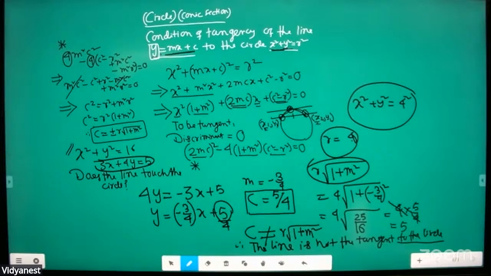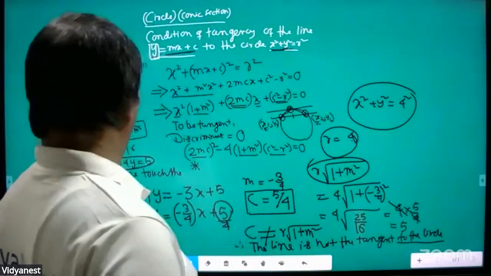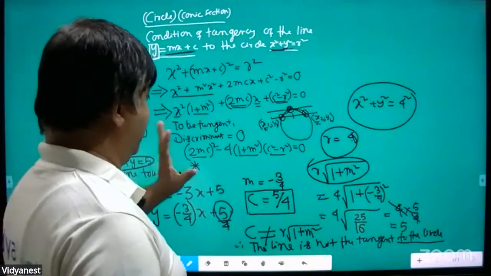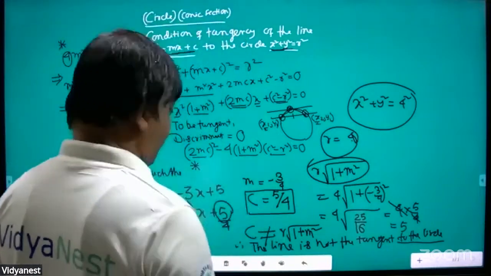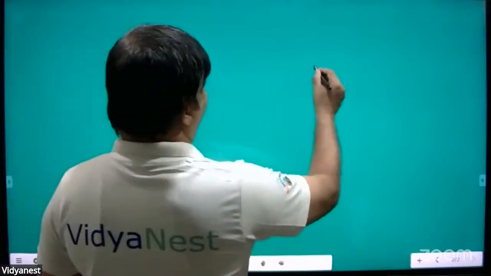Now we will find the point of contact. We have come to know the condition of tangency. Now point of contact. So till now what we have got?